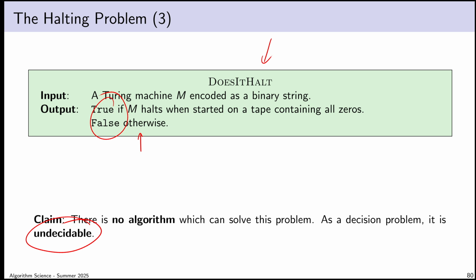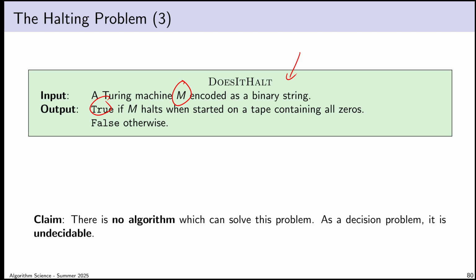Now, sure, it's true that we could actually design programs pretty easily that are able to give a correct answer in some cases. So, for example, an easy one is you could write a Turing machine simulator that runs M for, I don't know, 100 seconds. And then if it finishes, you could return true. But how do you know if it's not finished after 100 seconds that it's never going to finish? So you see what I mean?